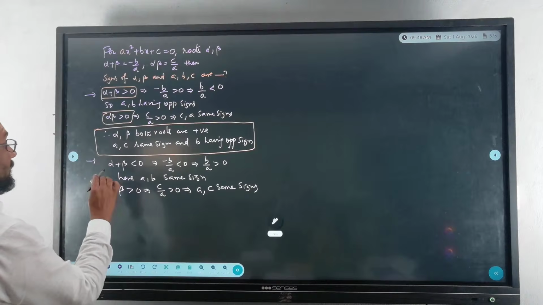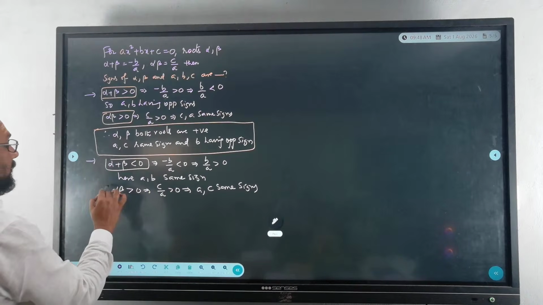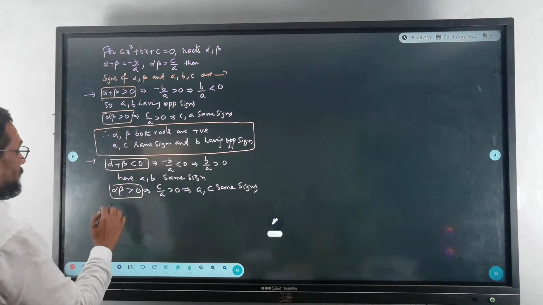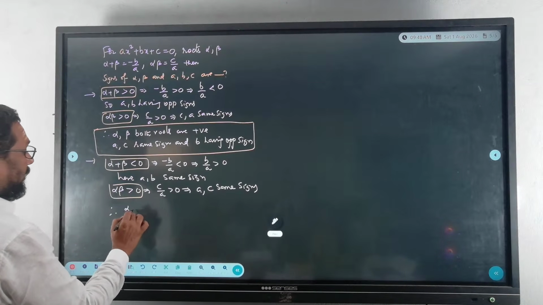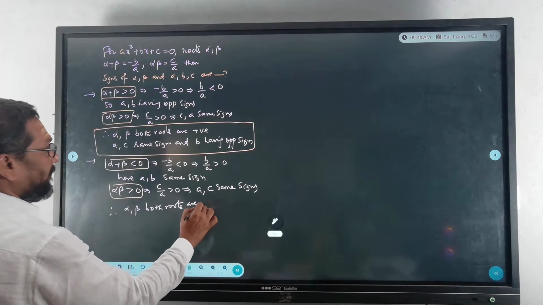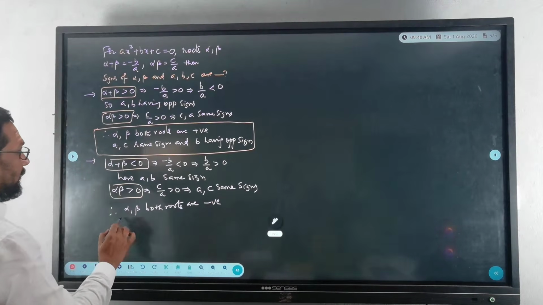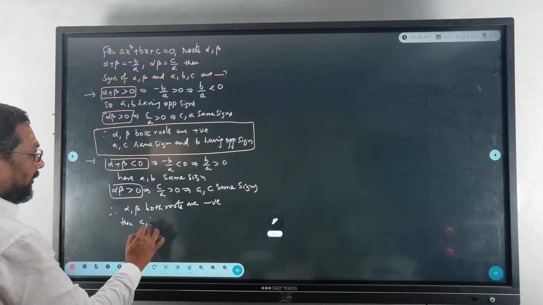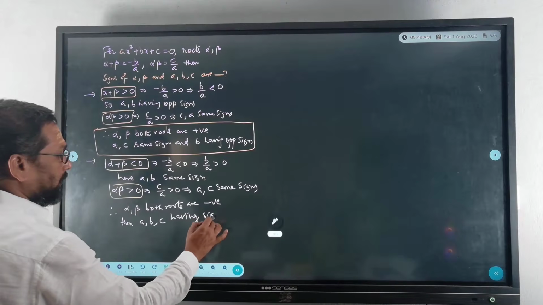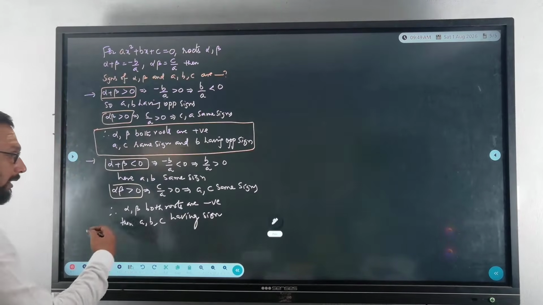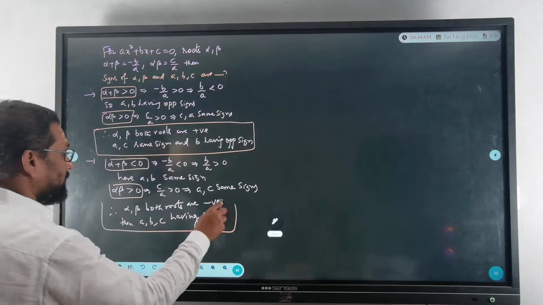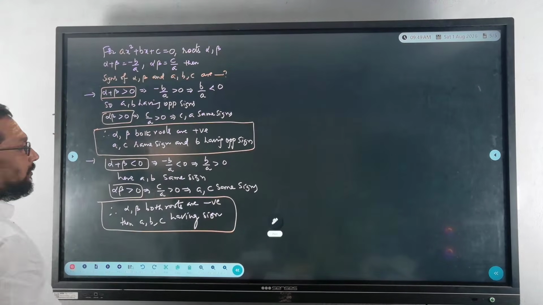Here the conclusion is alpha beta positive, alpha plus beta negative, therefore both roots are negative, then a, b, c having same sign. That means if abc have the same sign, both roots are negative; if ac same sign and b opposite, both roots are positive.